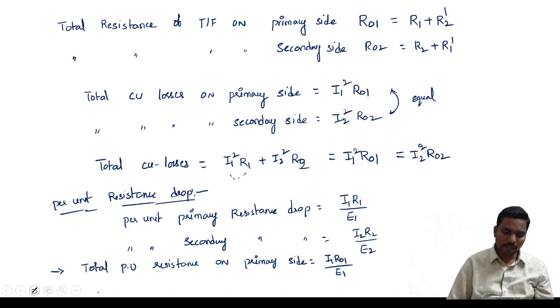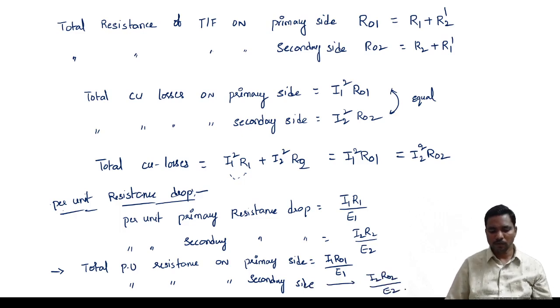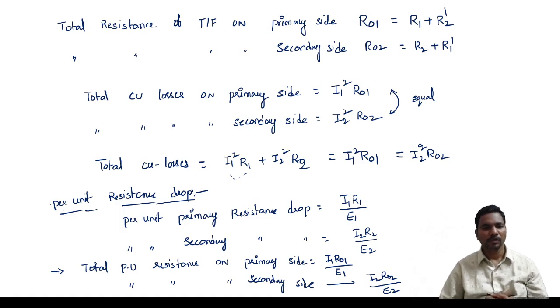In the same way, total per unit resistance on secondary side is I2 R02 by E2.